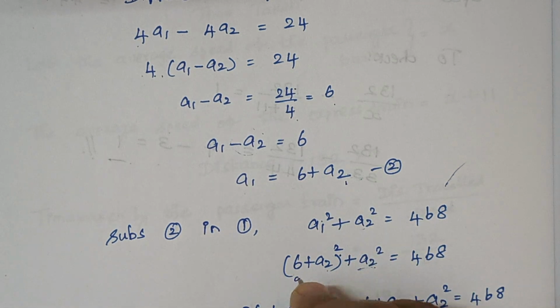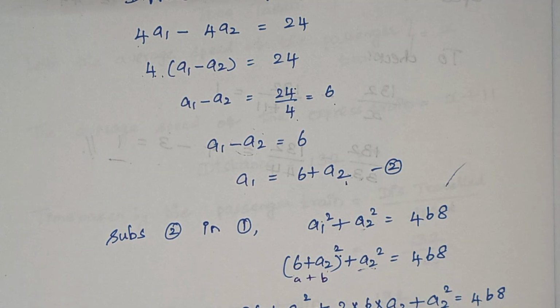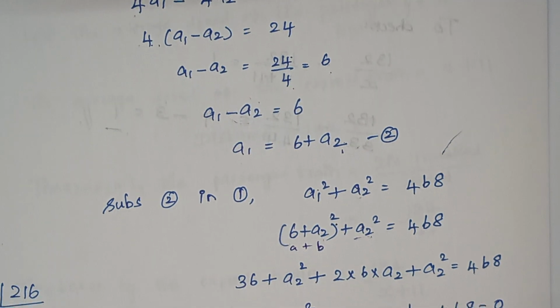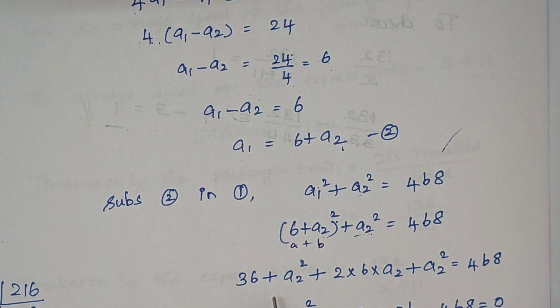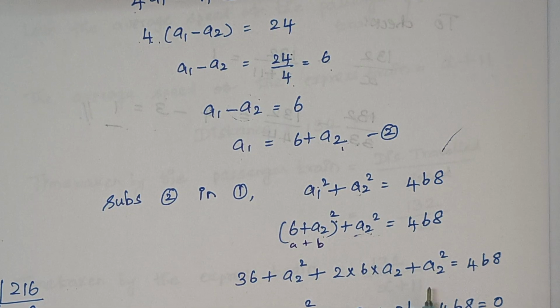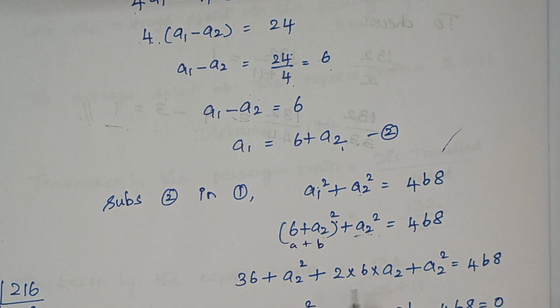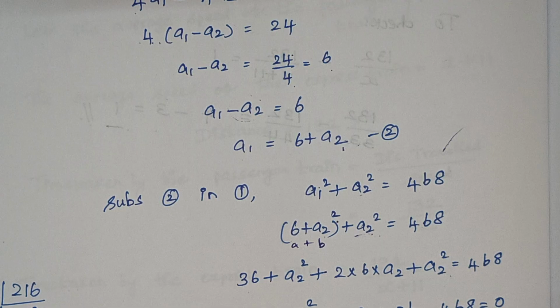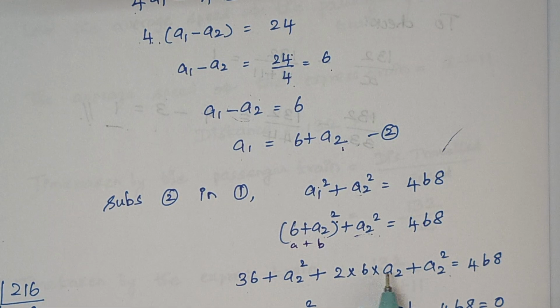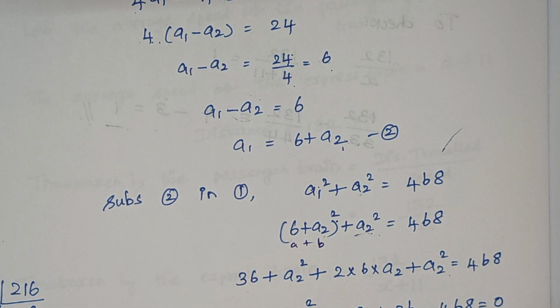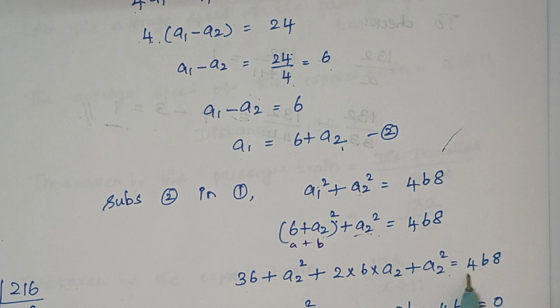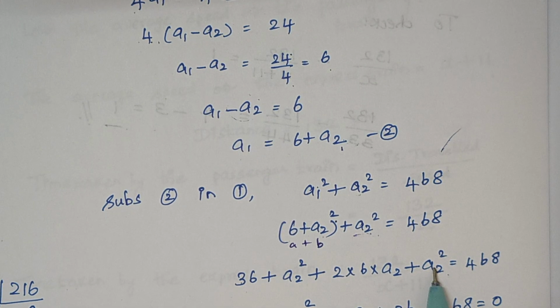So this is of the form (a plus b) the whole square. So this can be written as a square, 6 square, plus b square, a2 square, plus 2ab, 2 into 6 into a2, and this plus a2 square equal to 468. So now when you simplify, a2 square plus a2 square becomes 2a2 square, plus 2 into 6 a2, which is 12a2, plus 36, and I am moving this 468 to the left hand side.